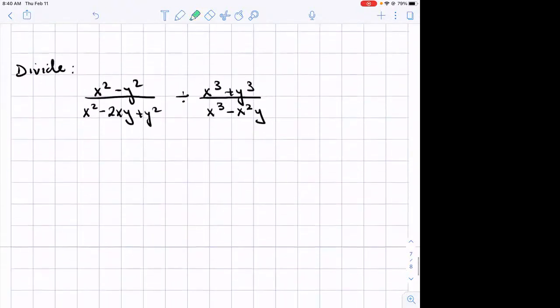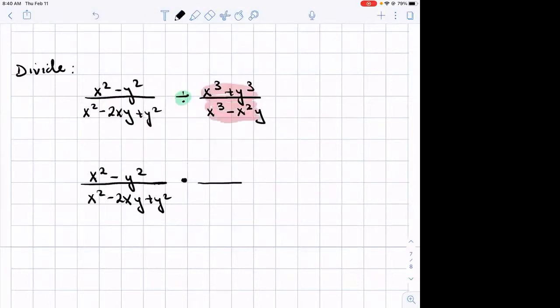So the first thing I want to do, I notice this is division, so I'm going to rewrite my problem using a multiplication. Times, and don't forget I have to flip this guy here. When I do that, I have to flip this. So now I have the x cubed minus x squared y in the numerator.